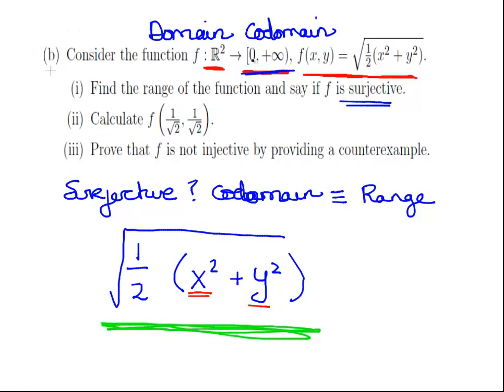What happens if x is 0 and y is 0? We have 0 squared plus 0 squared, that's 0. 0 divided by 2 is still 0, and the square root of that is 0. So 0 is a possible outcome. Where I said positive, a better word would be non-negative, since 0 shouldn't really be considered a positive number.